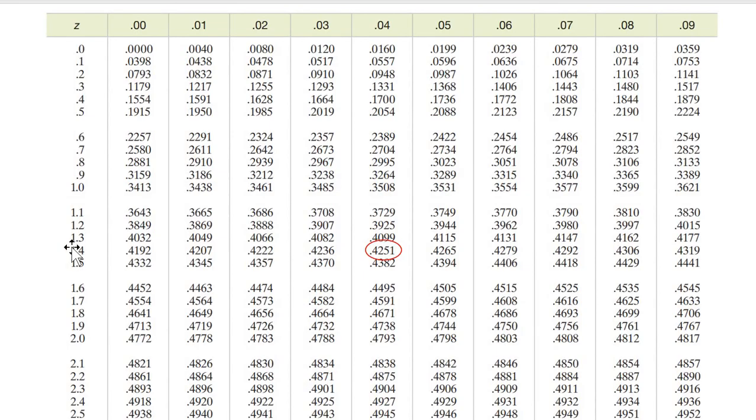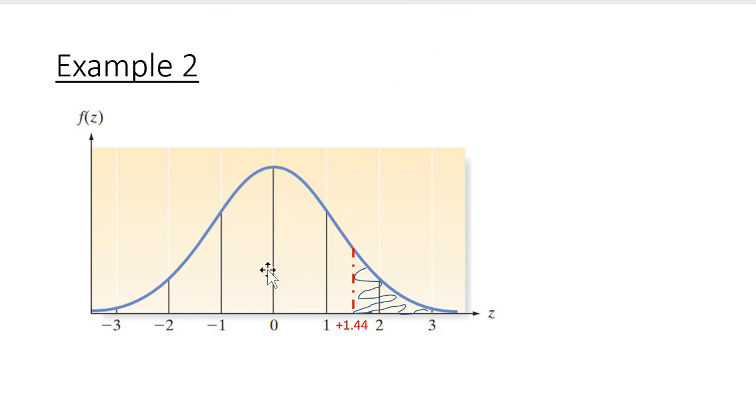So first of all, we go to the table. 1.4 and 0.04 give us 1.44, and this is the corresponding value. So we know this value. We know that the entire right-hand side part is equal to 0.5.